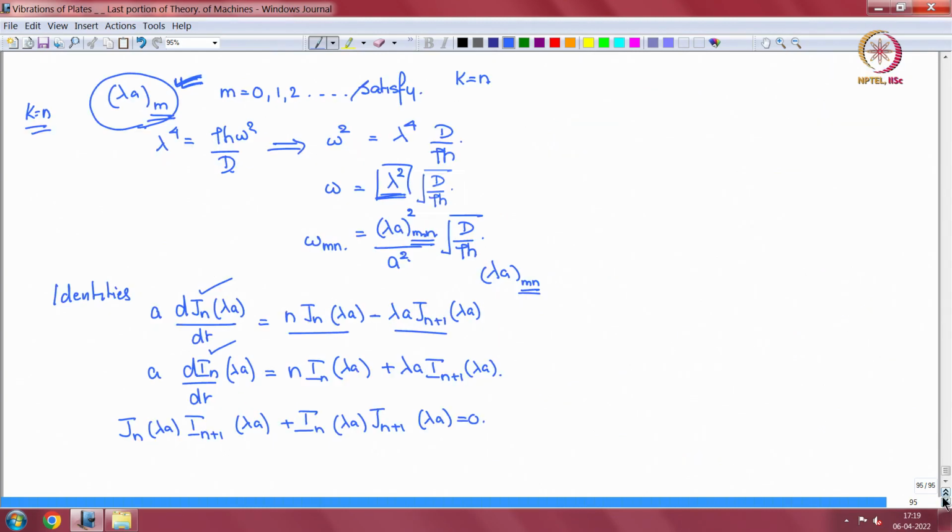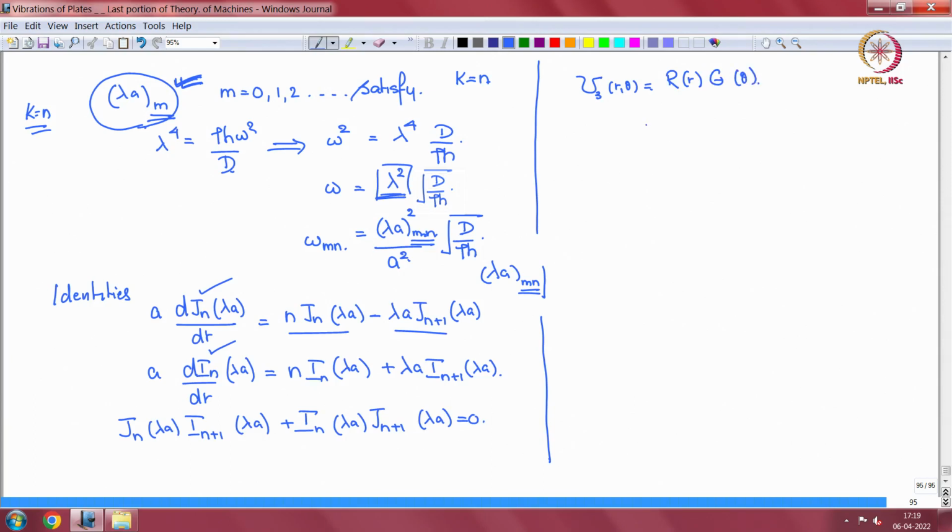Okay. So now if we write it up, what do we get? We get U(r, theta), which we had written as R of r into Theta of theta.